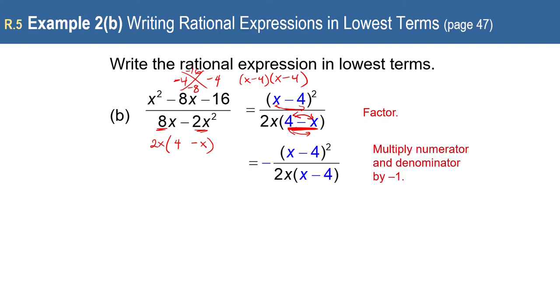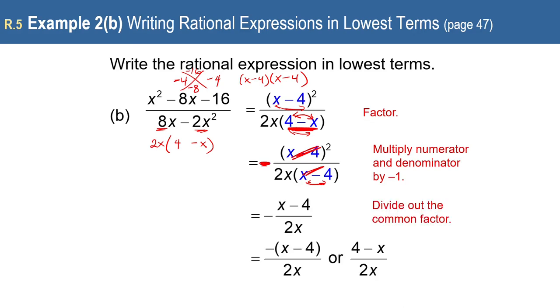So we'll take that negative and we'll put that into the front. And so we have x minus 4 squared on the top divided by negative 2x. Again, I rotated this from the bottom because we factored out a negative 1. Now we can reduce the x minus 4 and x minus 4, divide those terms out. So we have negative (x minus 4) over 2x.